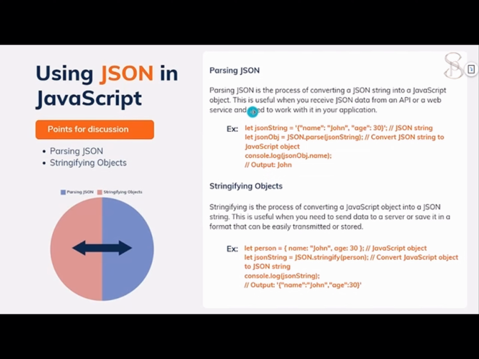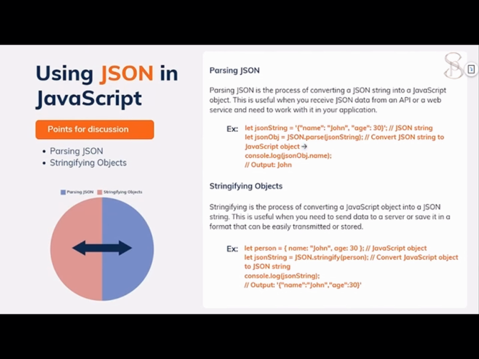Parsing JSON is useful when you receive JSON data from an API or a web service, and if you want to convert that into a JavaScript object, then we will use parsing JSON. If we see an example, it is simple.